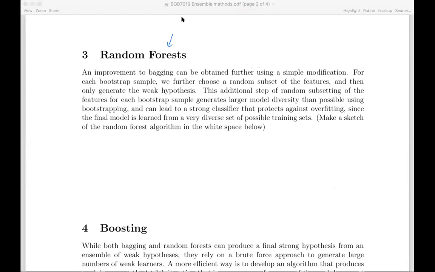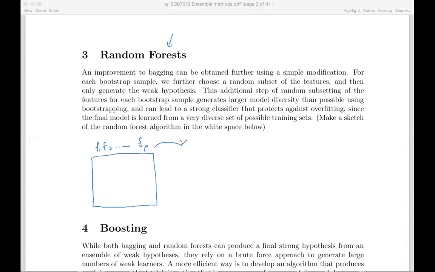Now, I think a lot of you have heard about this term, random forest. Actually, random forest is very similar to bagging. For random forest, you have an additional step. It's actually an extension of bagging. Here are your features, right?